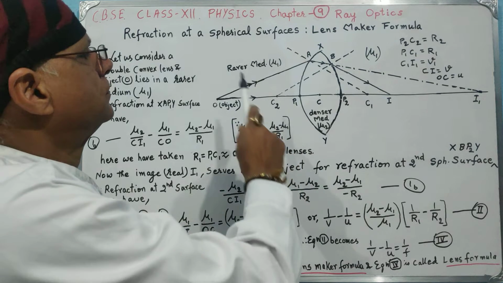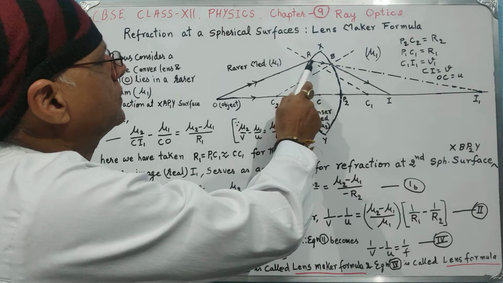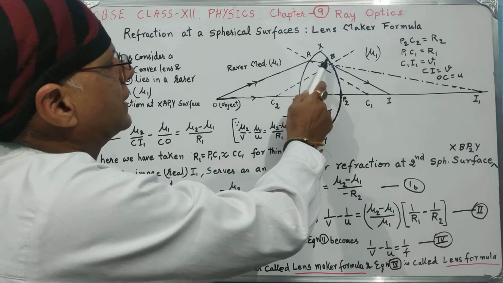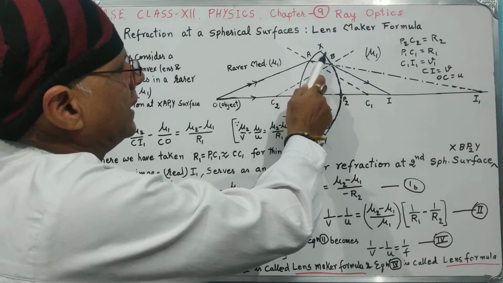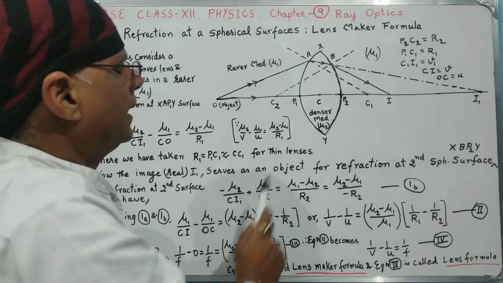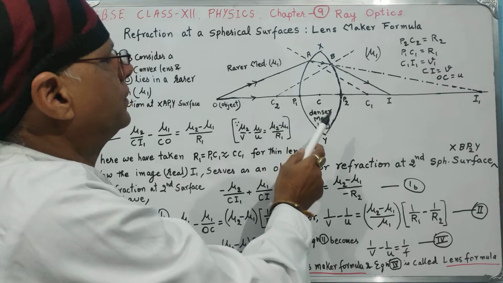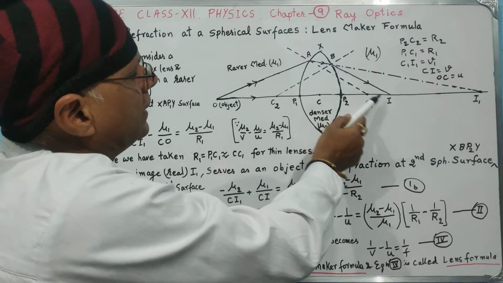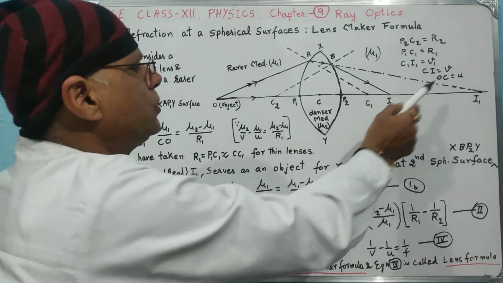Now, since the ray is suffering a second refraction at another surface XBP2Y, the ray is further bending and the image is formed at I instead of I1.